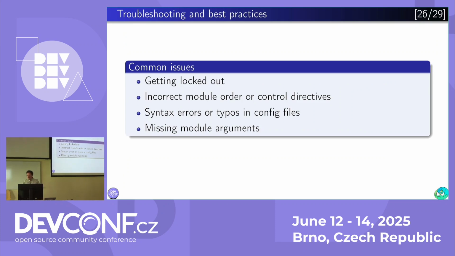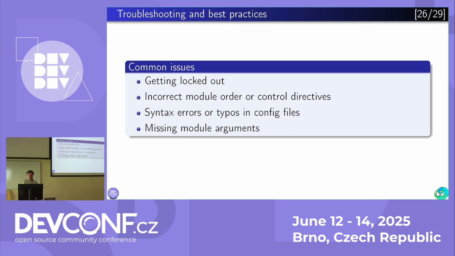Okay, I have a few minutes to touch on troubleshooting. Among the common things that happen, the most dangerous thing, I would say, is getting locked out, especially if you're accessing the system remotely. There are also various other things that can go wrong, like using modules not according to the documentation, or simply typos could disrupt the whole thing.